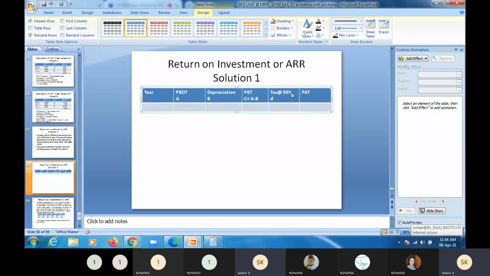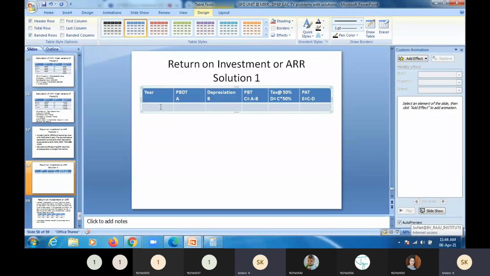D is equal to C into 50%. And E is equal to, column E is equal to C minus B. Okay.